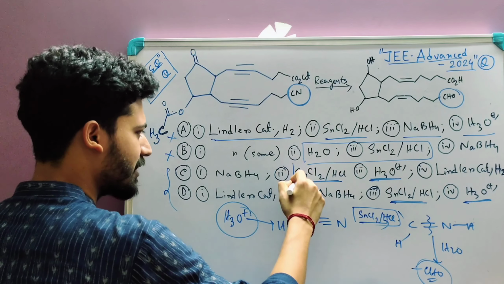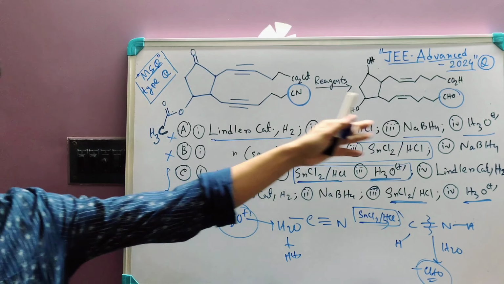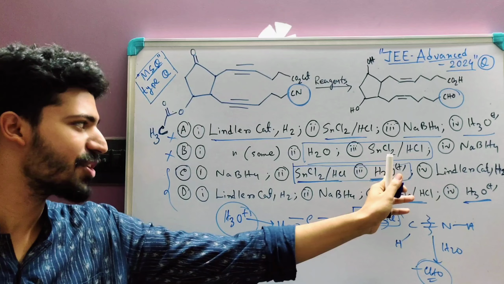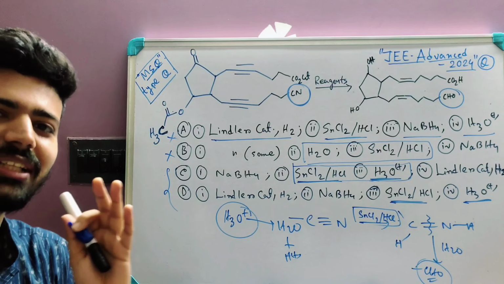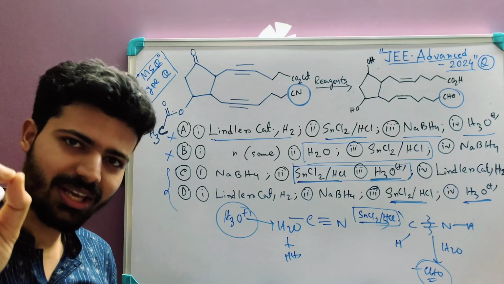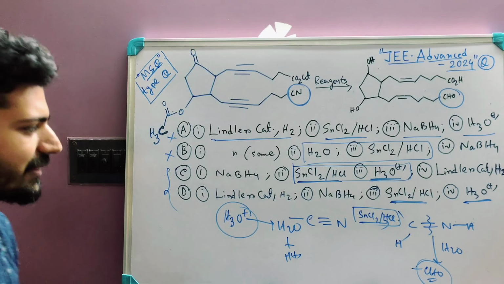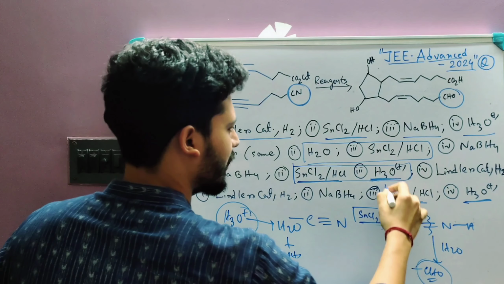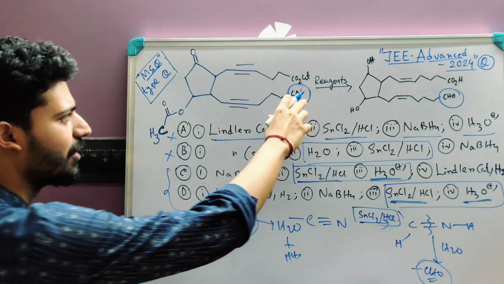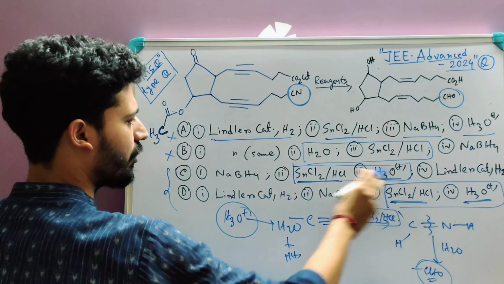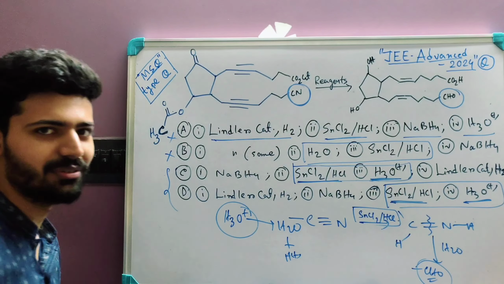So combining these reagents, we can get CN to CHO. Stephen's reagent means stannous chloride hydrochloric acid first, then we use H2O. So with SnCl2/HCl first, then H3O+, we can easily convert CN to CHO.